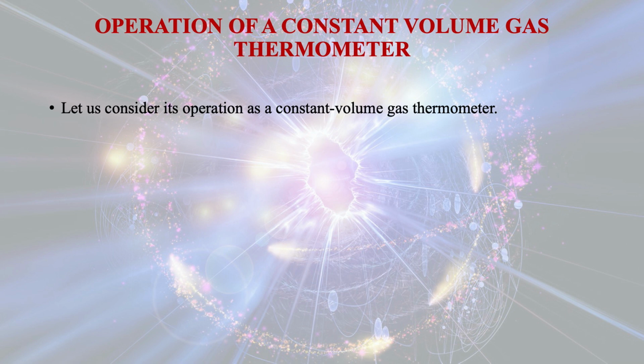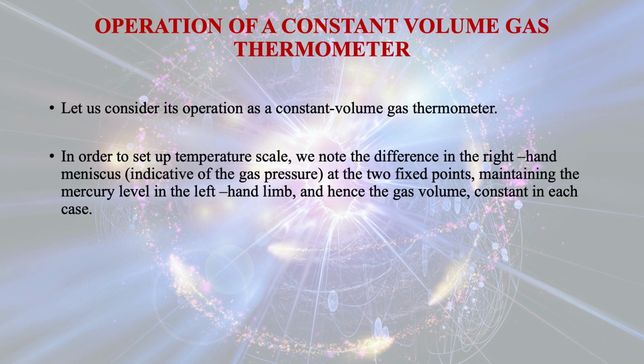Operation of a constant volume thermometer. Let us consider its operation. In order to set up the temperature scale, we note the difference in the right hand meniscus, indicative of the gas pressure at the two fixed points, maintaining the mercury level in the left hand limb and hence the gas volume constant in each case.